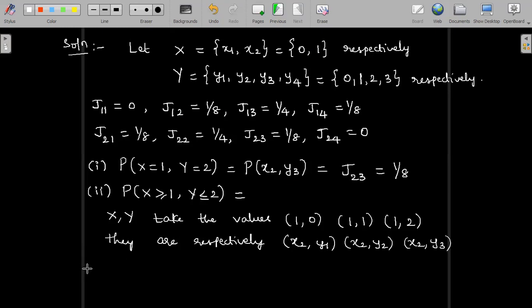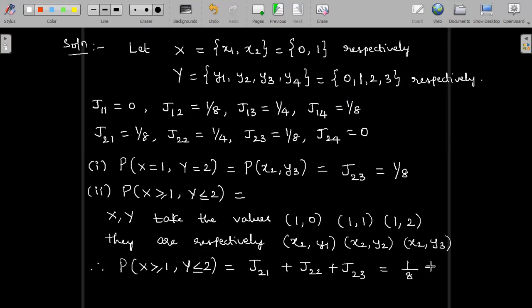Right? So when I have to find out probability of x greater than or equal to 1 and y less than or equal to 2, it is the sum of J21 plus J22 plus J23. Just observe the suffixes, you will easily understand. X is taking 2, y is taking 1. So 2, 1; 2, 2; 2, 3. So J21, J22, J23 from the table are 1 by 8, 1 by 4, 1 by 8.